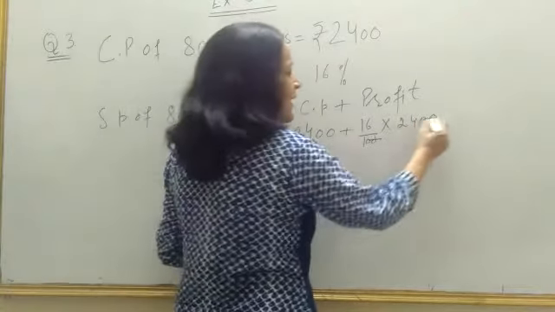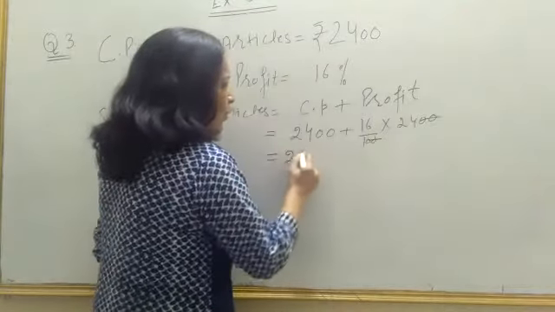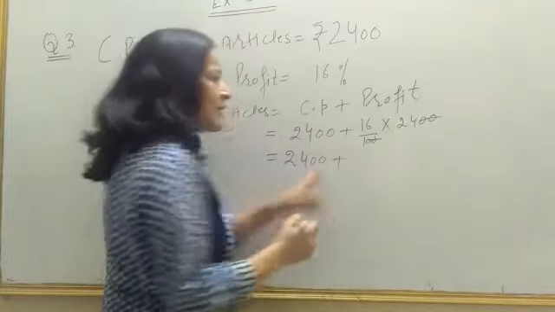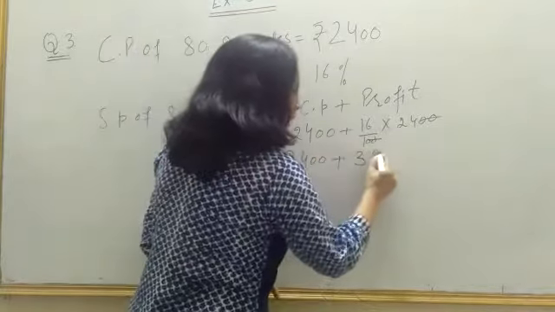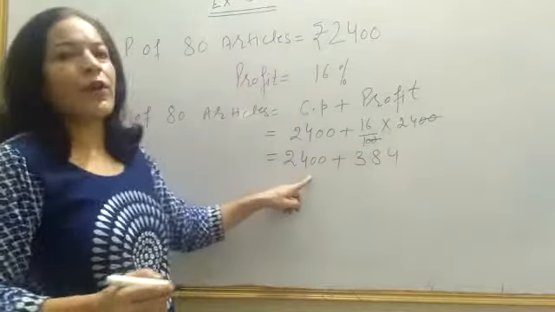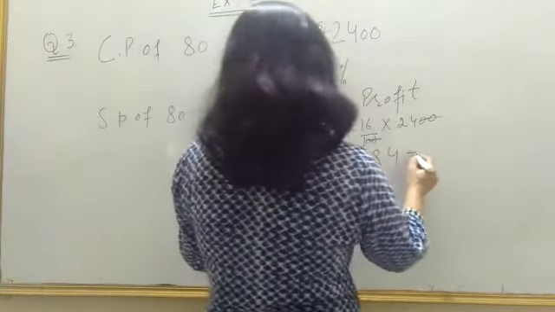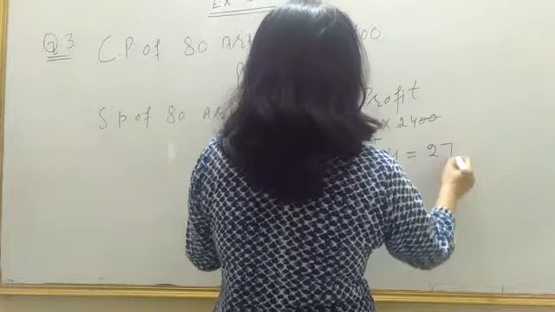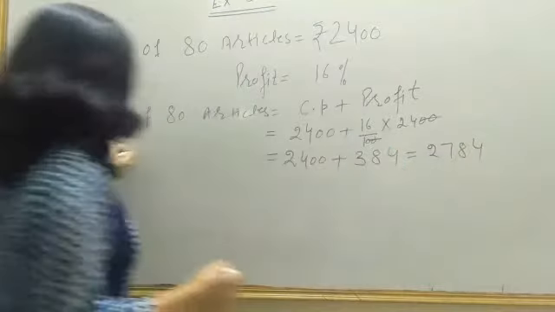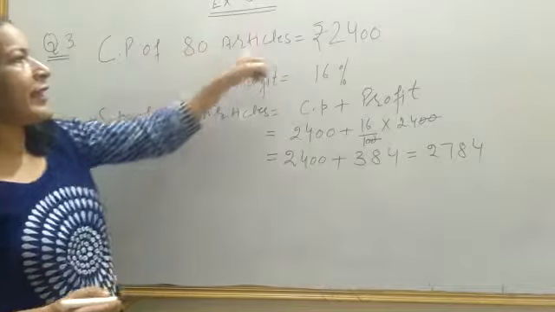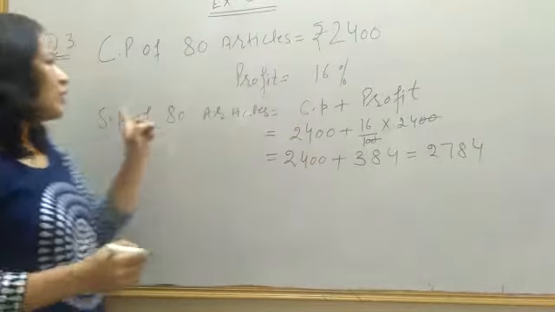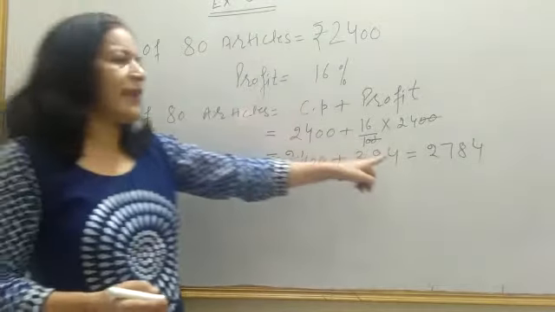These two zeros cancel with these two zeros. So 2400 plus 16 into 24, which is 384. Adding this, it will be 2784, and this is the selling price of 80 articles.